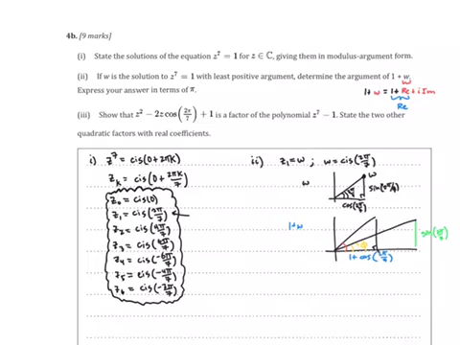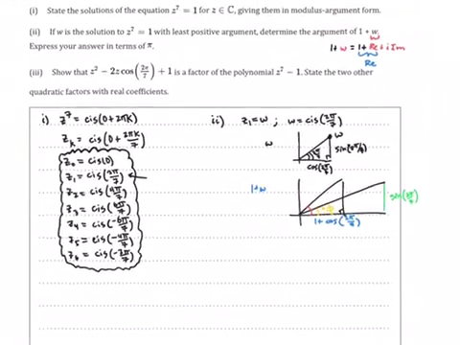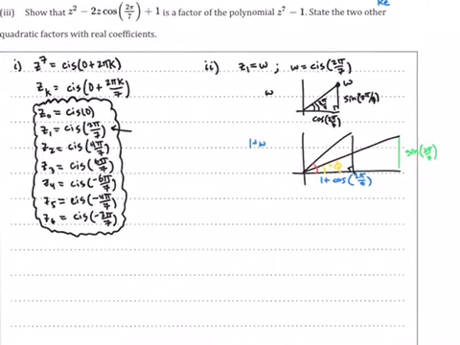Now, what are we trying to solve for? Express the argument. There's the argument. That phi value is our argument. So our argument of 1 plus W is equal to phi.